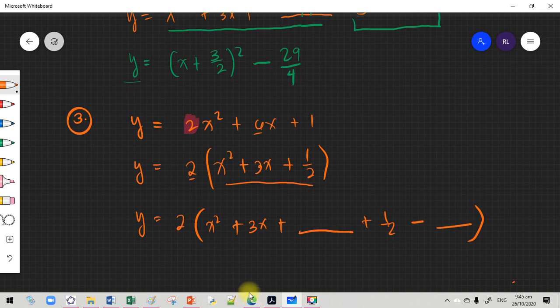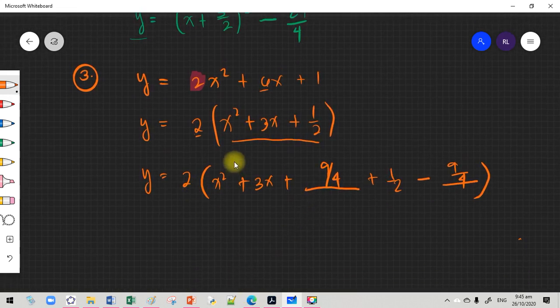Again, half of 3 squared is 9/4, the same as in number 2. Remember that since 2 is now a factor, we're going to distribute it after.